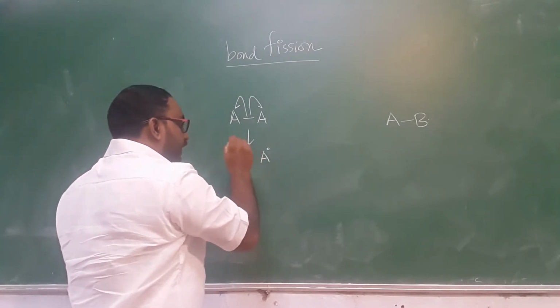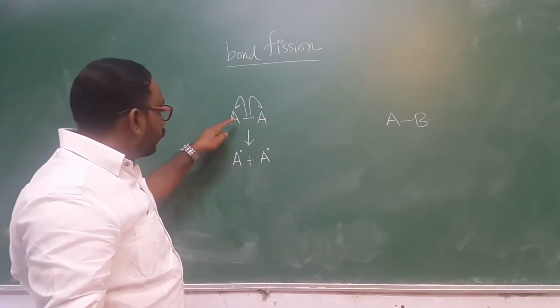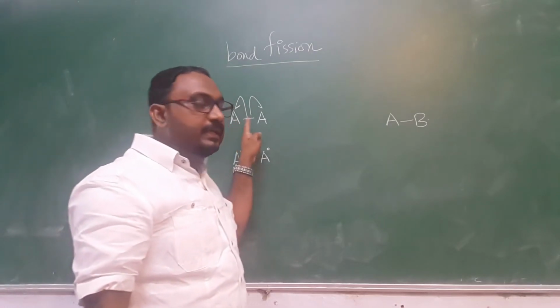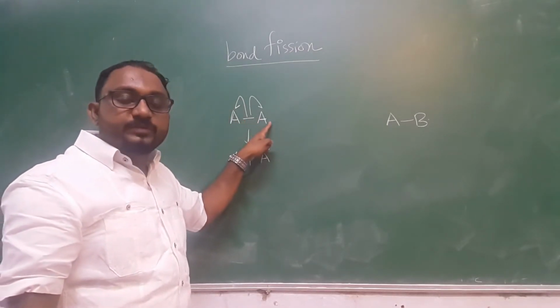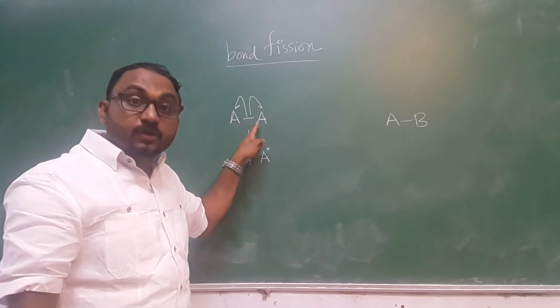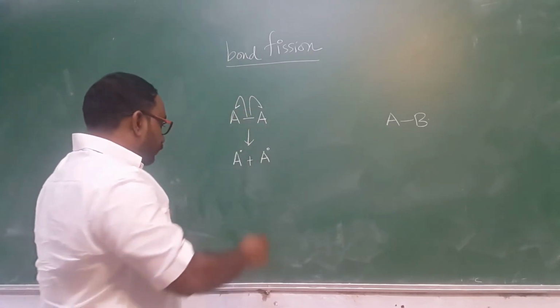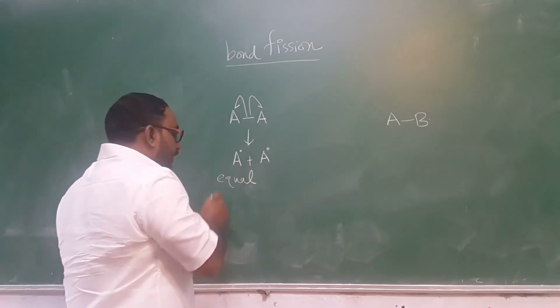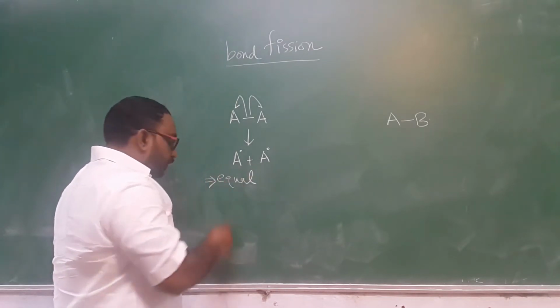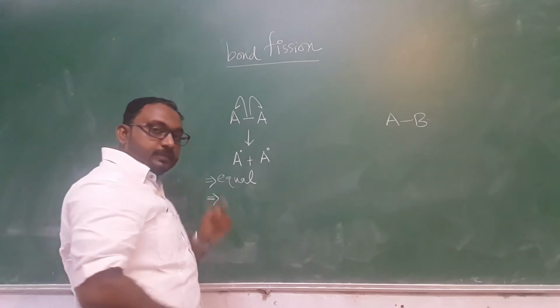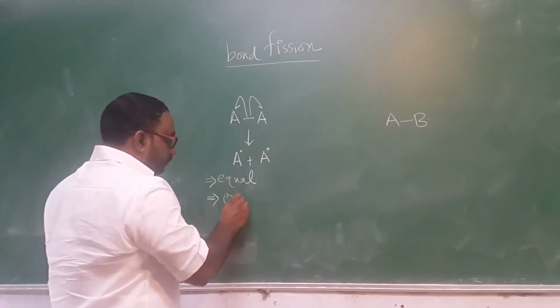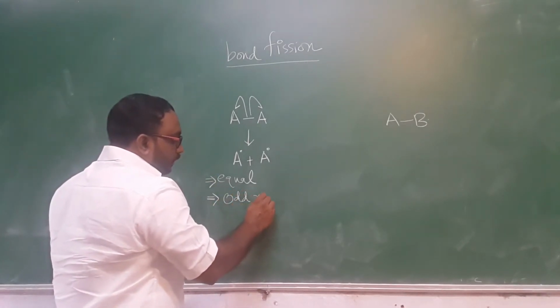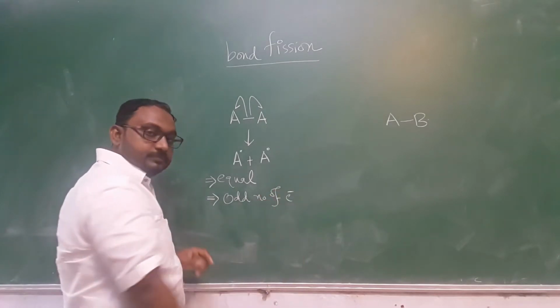This is how it is formed. The equal distribution of the electrons in the pair happened. Finally, both of them have got a single electron, so both are having an odd number of electrons.